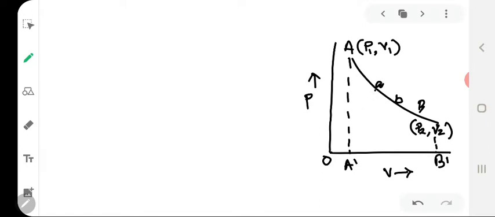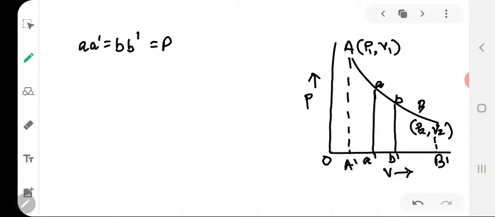Then a dash a is equal to b dash b, that is constant pressure on the system, and a dash b dash will be equal to dV, that is the increase in volume.